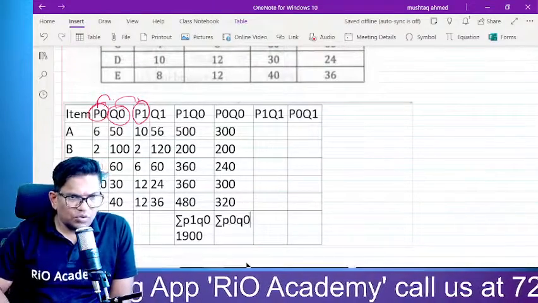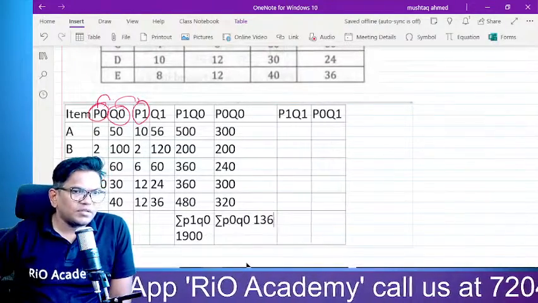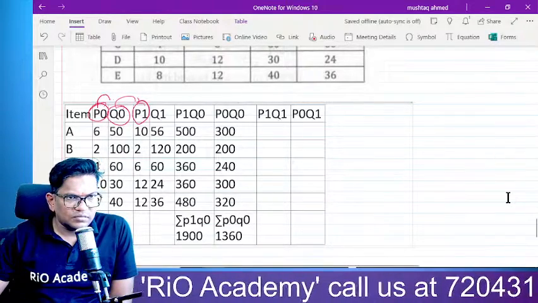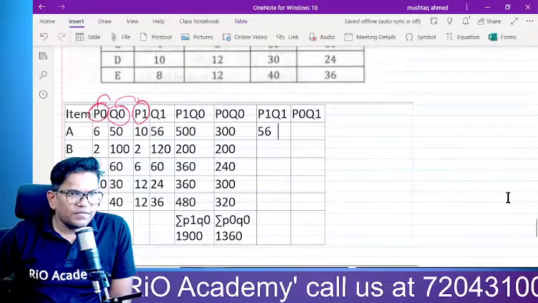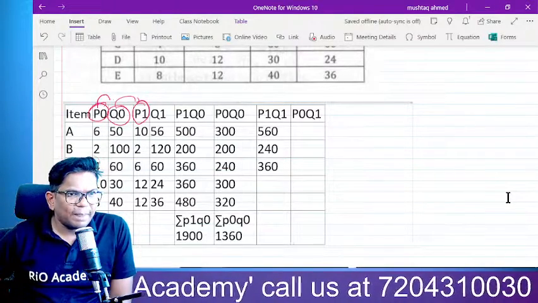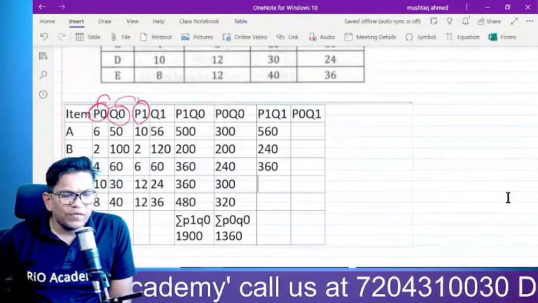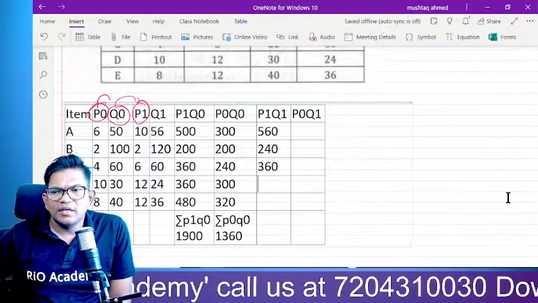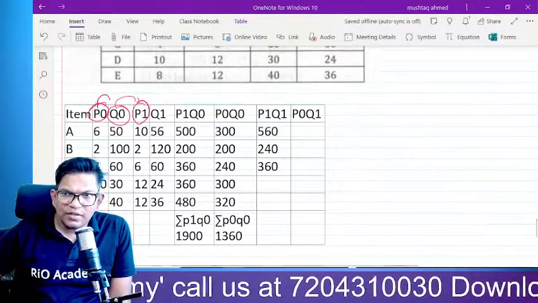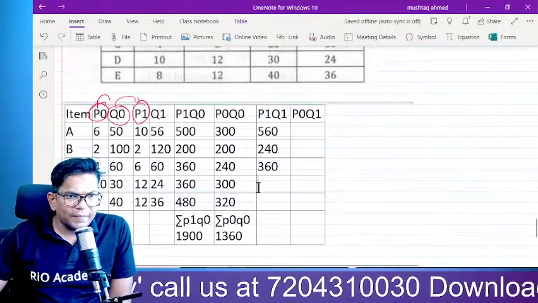P0 Q0: 1000, 360. Next, 560, 240, 360. 24 into 12, that is 288.